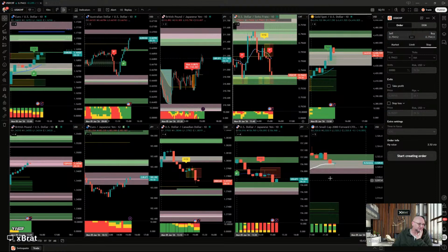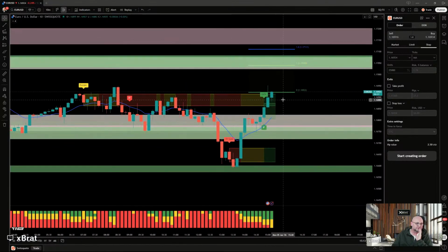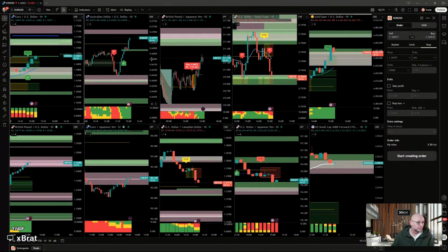You see, it's just Euro US dollar really just didn't push there for now. If we get that bullish momentum on Euro US dollar and on gold, that could really help the US indexes go up. We've got no other data today. We've really just got to rely on the markets now.